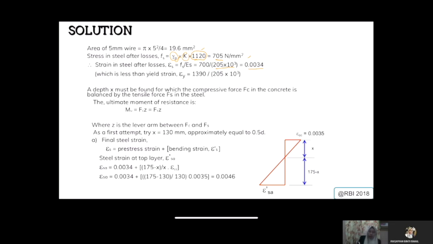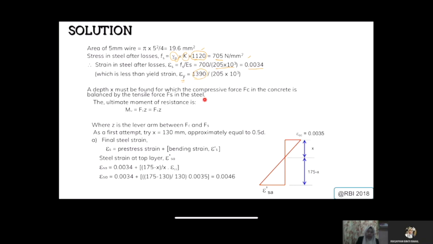If you look into the yield strain, by considering 1390 as your ultimate strength for your tendon, you will find out it will be lesser, because it has to be lesser. If it's more, then it means that you still cannot capture your moment on your strain.